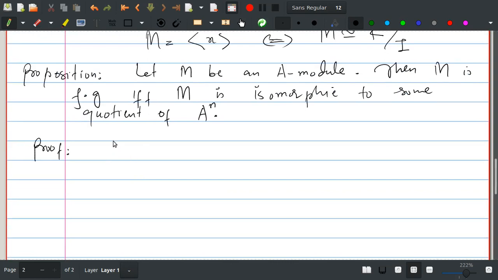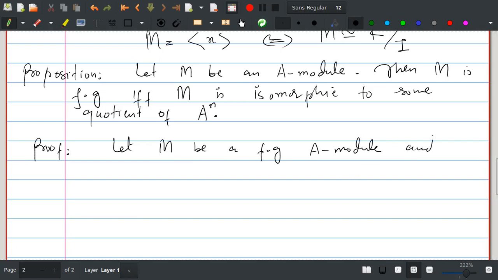So let M be a finitely generated A module, and let M be generated by the elements say m1 through mn.